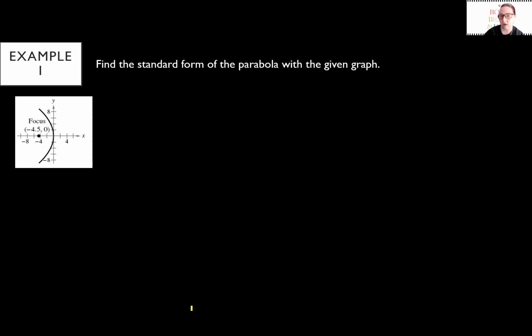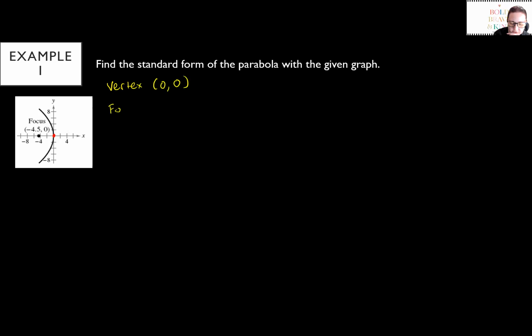So we'll start here. We have a graph. And so we're going to assume that the vertex is at the origin based off of the picture. We're not told, but the vertex is going to be along the same axis as our focus. And so it looks like it's right through the origin there. So I'm going to label that our vertex is the origin.